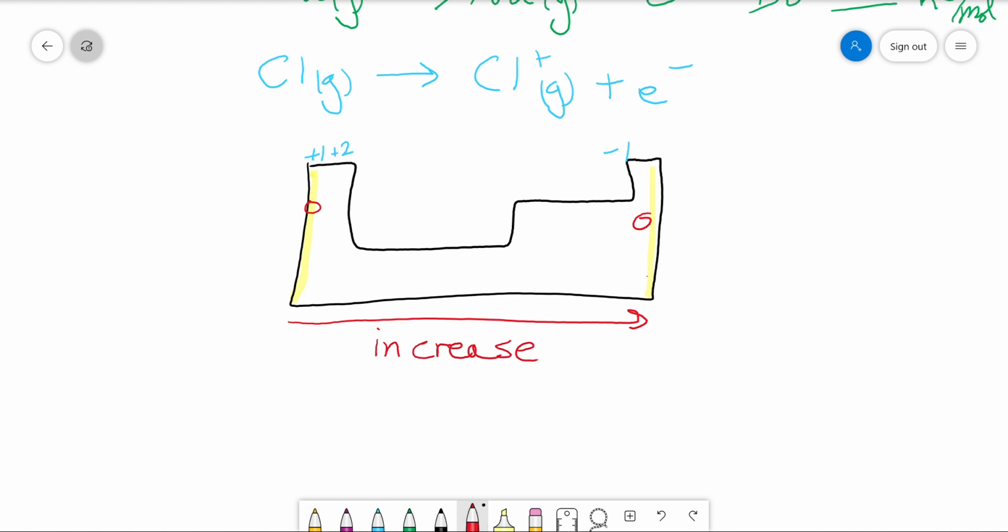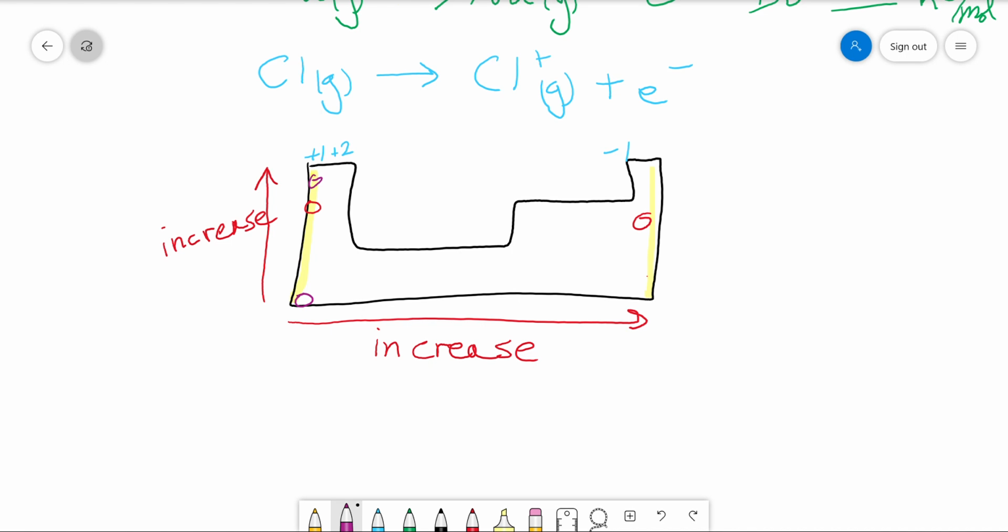Okay, now if we look top to bottom, what's easier to remove an electron from? The top or the bottom? Well, it turns out it's easier to remove an electron from the bottom. Now, why is that? Why is it easier to remove an electron from an atom down here on the bottom versus up here on the top? Well, the electrons on the bottom part of the periodic table are further from the nucleus than they would be on the top.